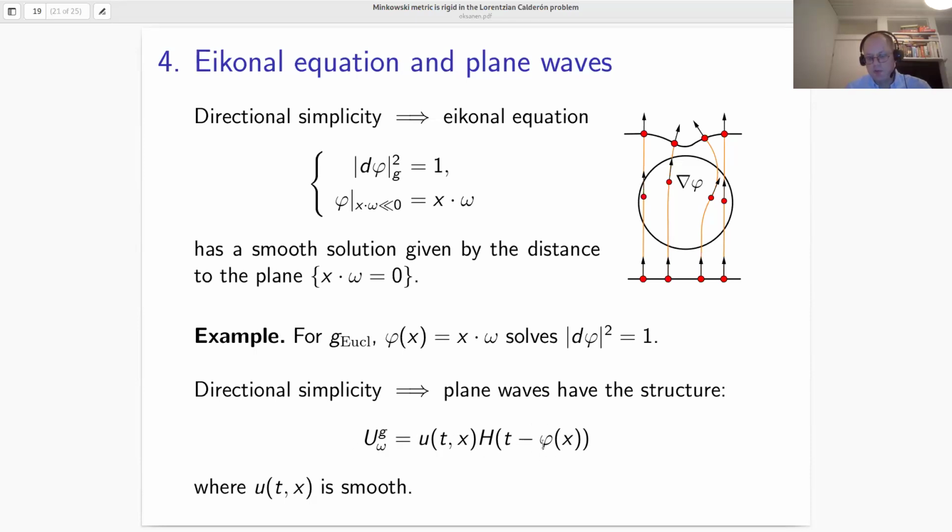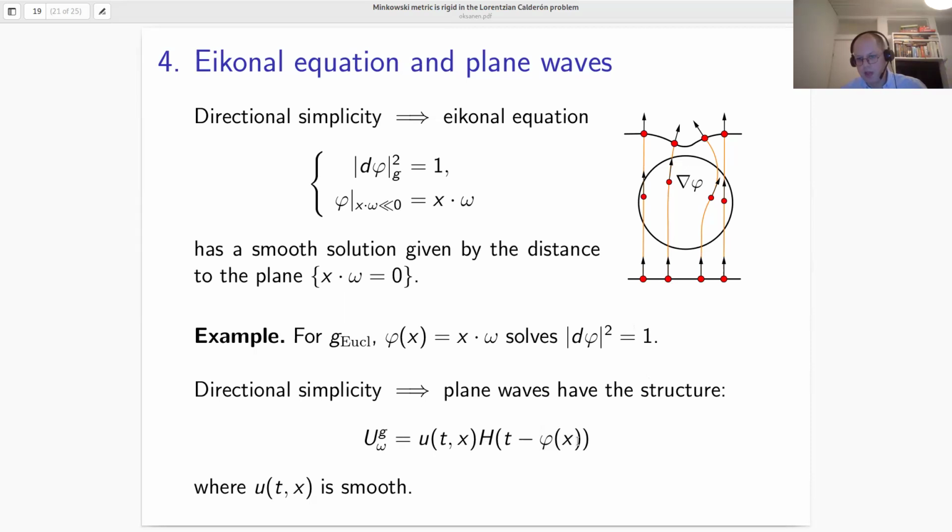Well, this phi is a smooth distance to this plane, and just by finite speed of propagation, this distorted plane wave must be zero if you're below this t equals the distance to the plane, right?